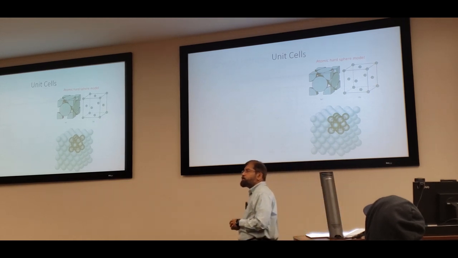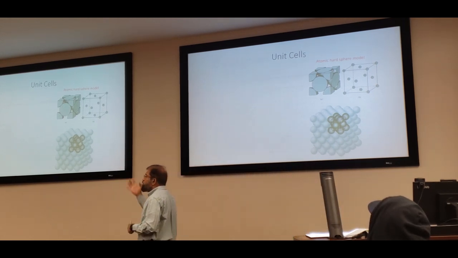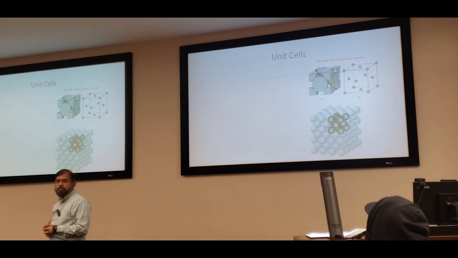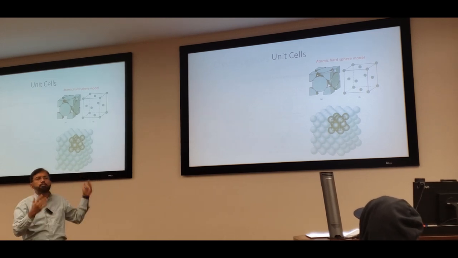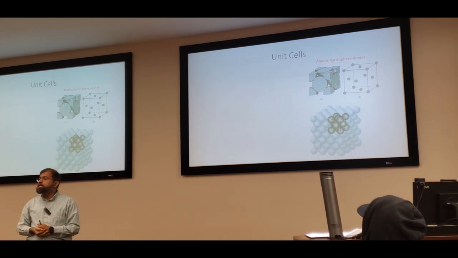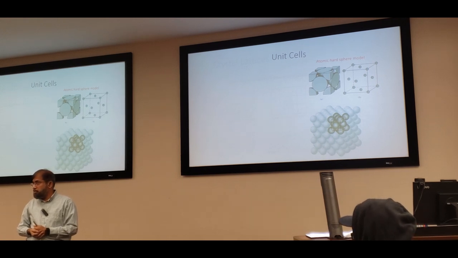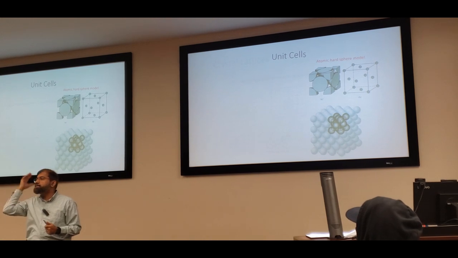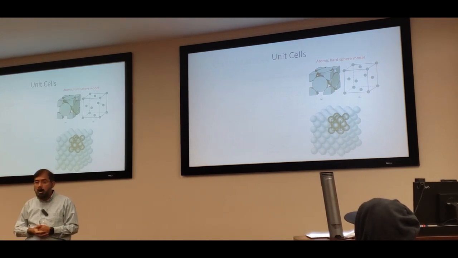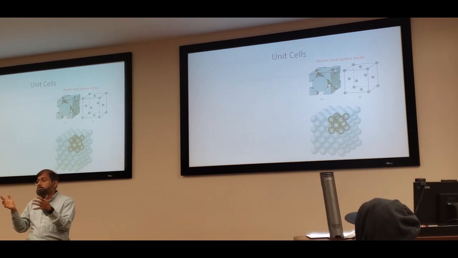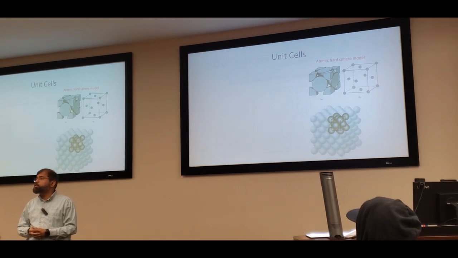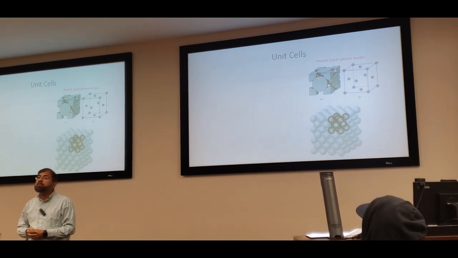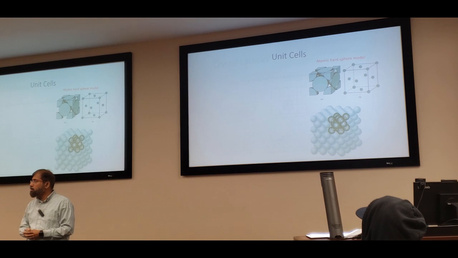So what he said is that when you look at these close packed structures, you can see a certain pattern. I will show you a video later on where you can clearly see how the patterns are designed. These patterns repeat over and over again throughout the crystal. Got it?